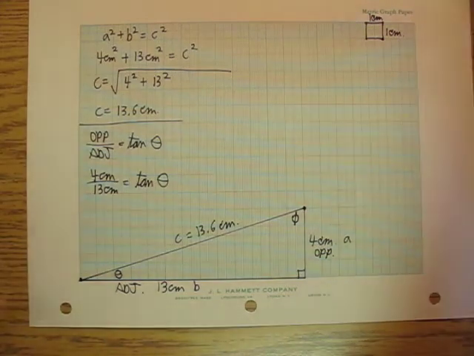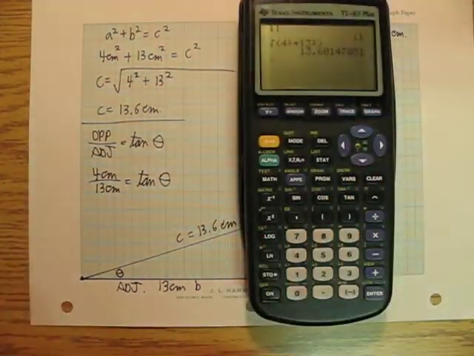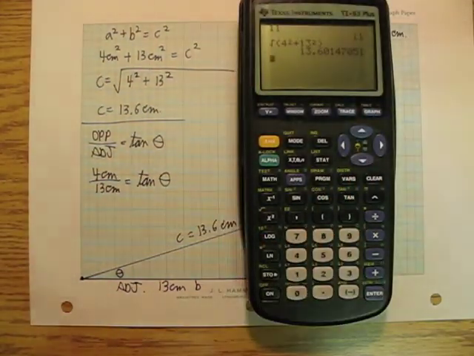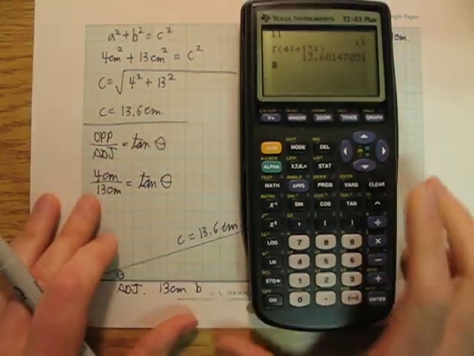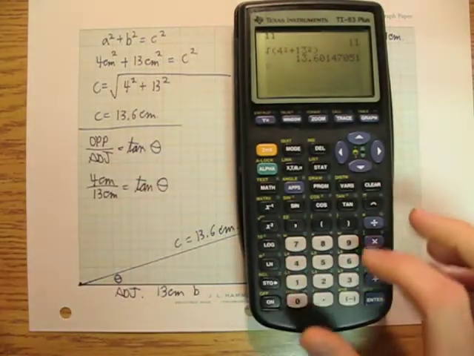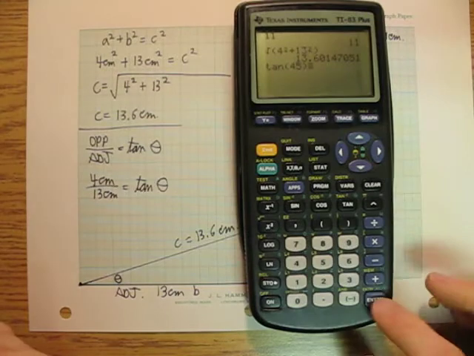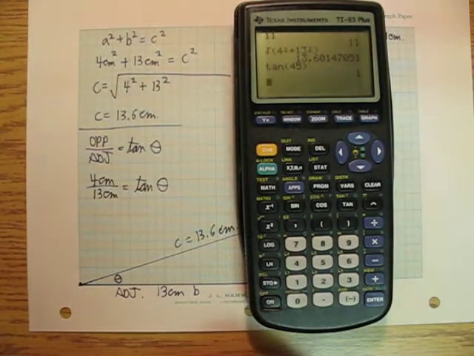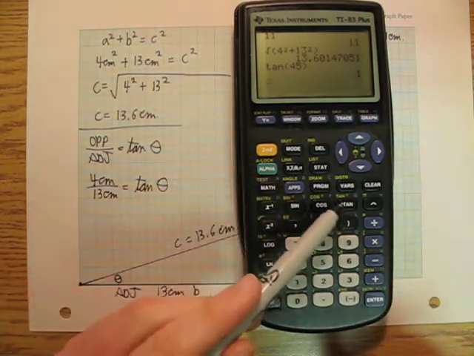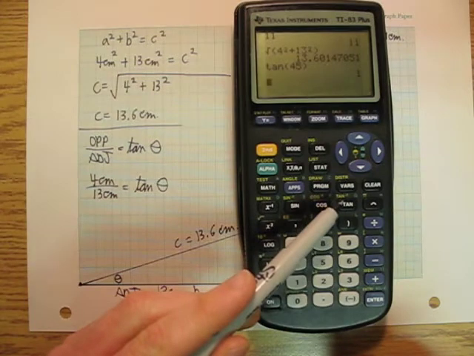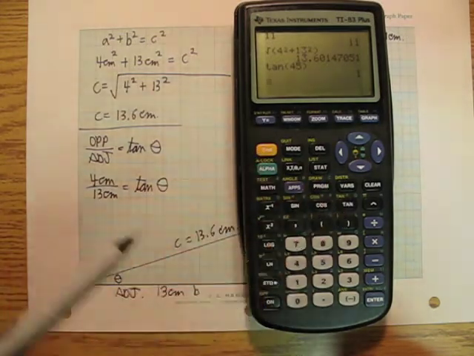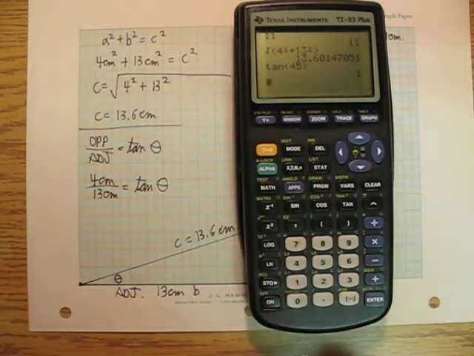Well, how do I do that on my calculator? If I know the angle, say a 45-degree angle, the tangent of 45 is 1. But suppose I want to go back the other way. Well, right above tangent is tangent inverse, so I do second tangent, and that will get me back the other way.